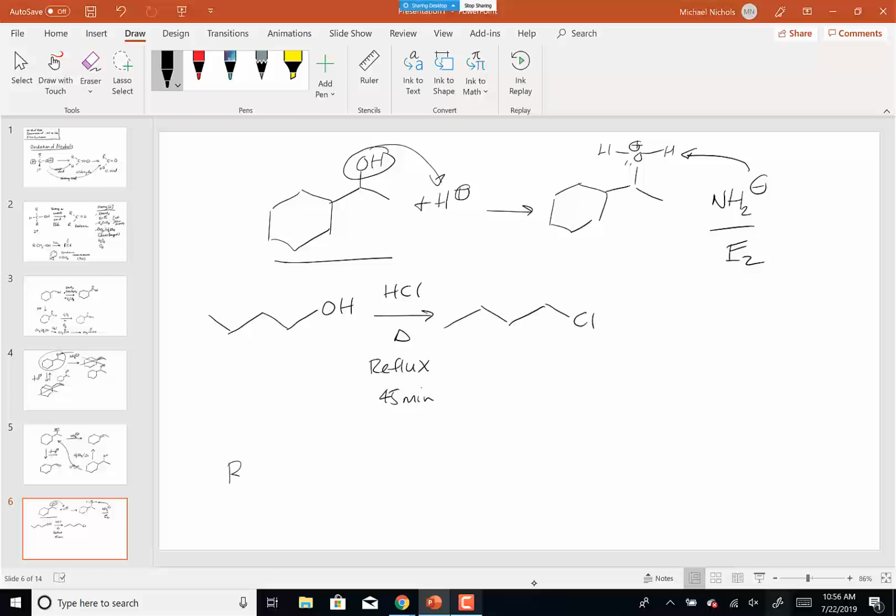If I want to take an alcohol and convert it to an alkyl halide, my first choice would be to use PCl3. There's also PCl5, so that's phosphorus trichloride or phosphorus pentachloride. That works pretty well. Or you can use SOCl2, which is called thionyl chloride. That one also works fairly well.